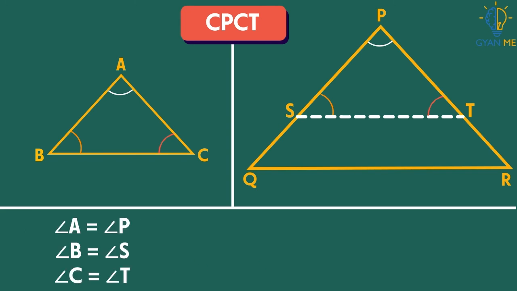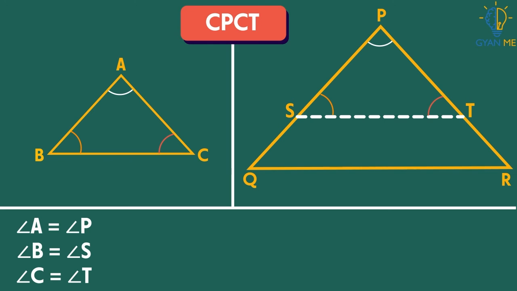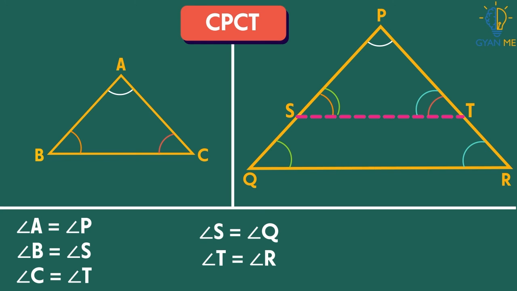But students, we have already proved that angle S is equal to angle Q and angle T is equal to angle R, as they are corresponding angles of two parallel lines ST and QR formed by the respective transversals.